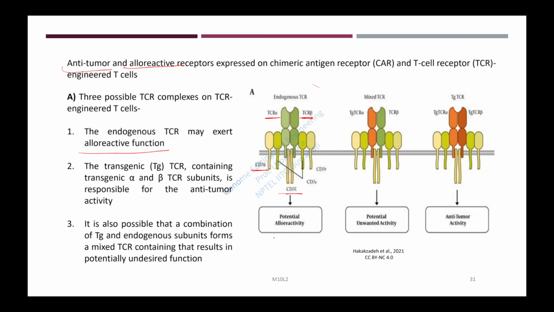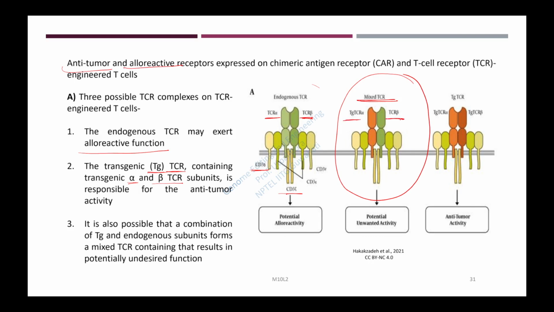The second one is the transgenic or TG T cell receptor, containing transgenic alpha and beta TCR subunits, which is responsible for the anti-tumor activity. This particular one is a universal kind of T cell receptor where the transgenic alpha and beta chains are made.